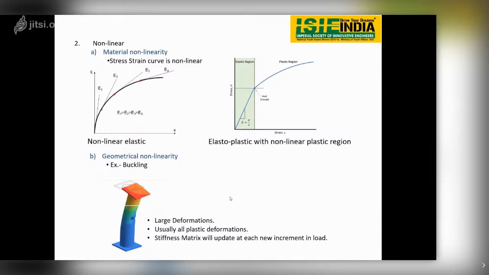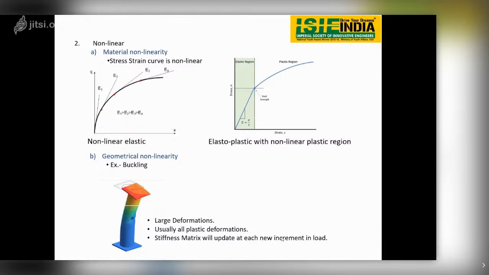For the next iteration, we need to have the updated stiffness matrix. We cannot use the same stiffness matrix, because for large deformation the stiffness matrix changes as the deformation increases, since stiffness depends upon the area, the length, and the Young's modulus.